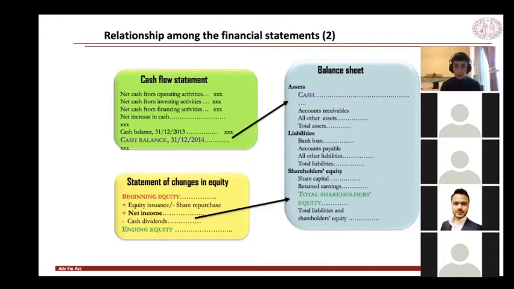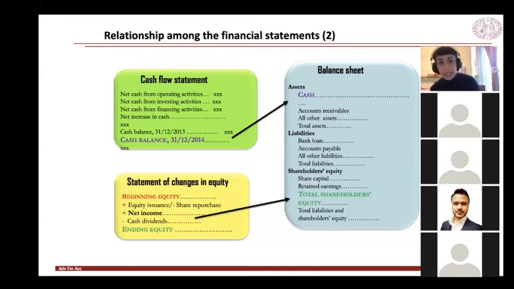You might also hear about the other comprehensive income, which is usually reported together with the income statement. We will see that some items, especially in some revaluation cases, must be reported in the other comprehensive income.